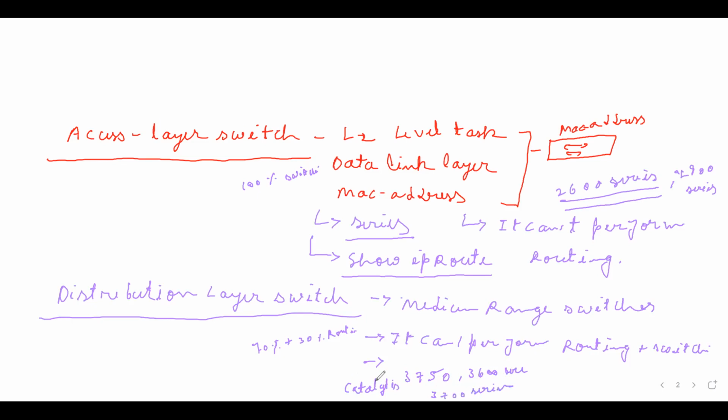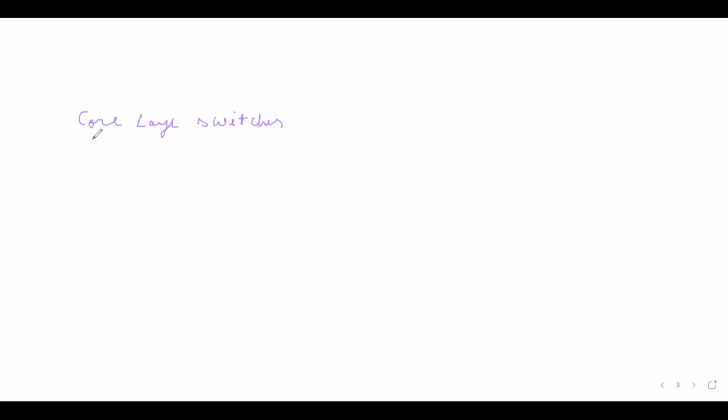This series will cover distribution layer. But core layer, these are very heavy switches. Heavy means not about weight, about processor and memory. We will see this kind of switches.